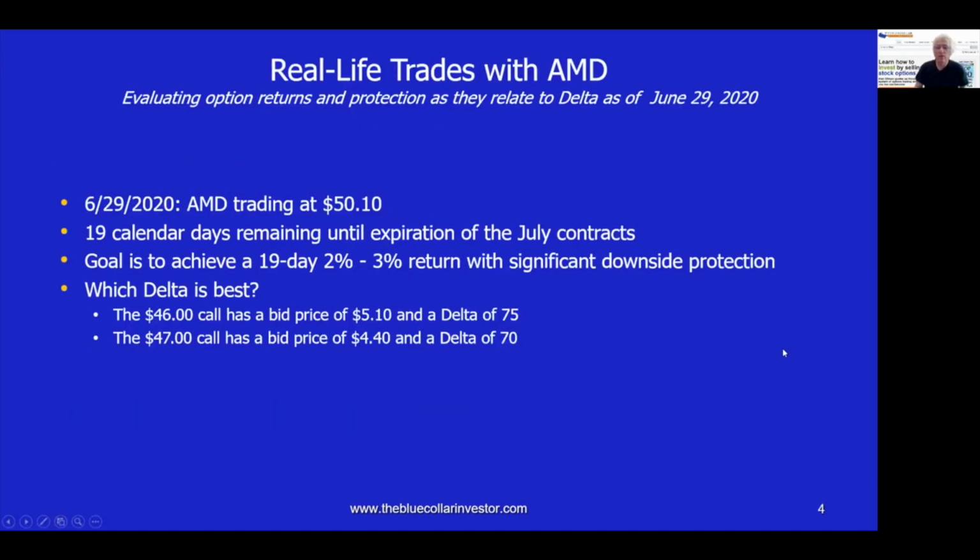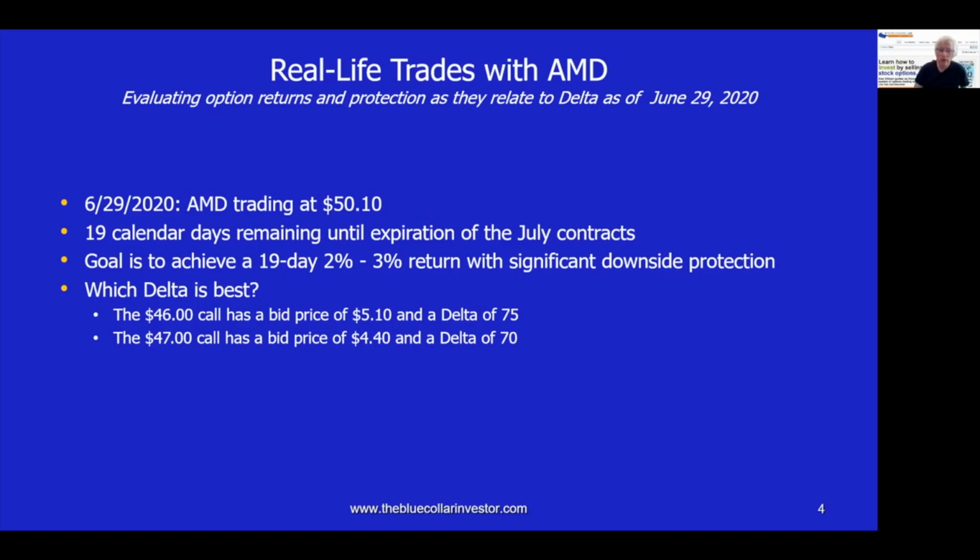So let's go into the real life example now with AMD, and let's evaluate option returns and protection as they relate to delta. Now, this was created as of June 29th, 2020, and that's where I got these statistics. So on June 29th, AMD was trading at $50.10. Now, if we're going to take a defensive posture, we're going to look for in-the-money strikes with higher deltas.